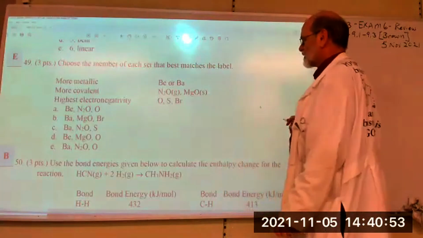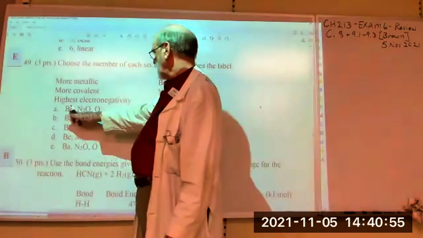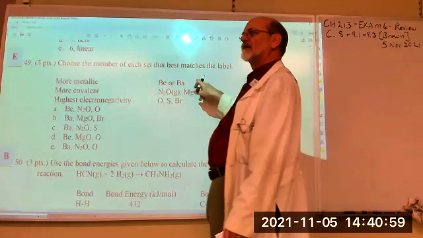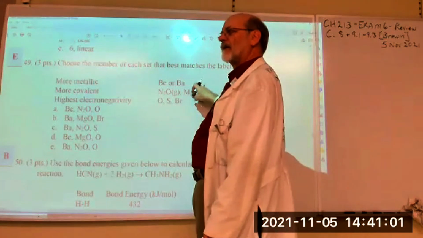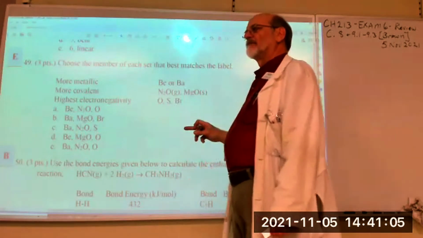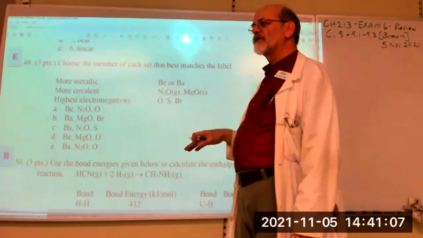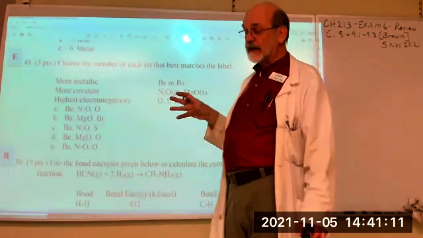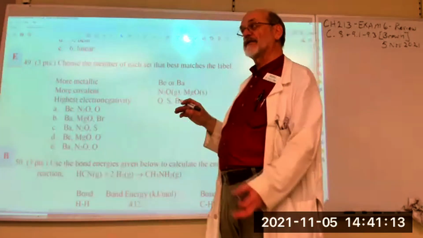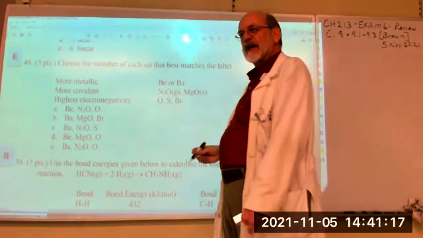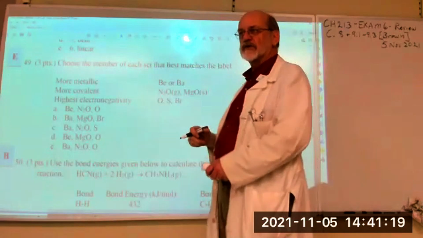Which of these members, I guess it's 1, 2, 3, 1, 2, 3. Which one is more metallic? The more metallic would have the lowest electronegativity, but also the lowest ionization energy. That would be barium. Right? The more metallic means it gives up its electrons much more easily.